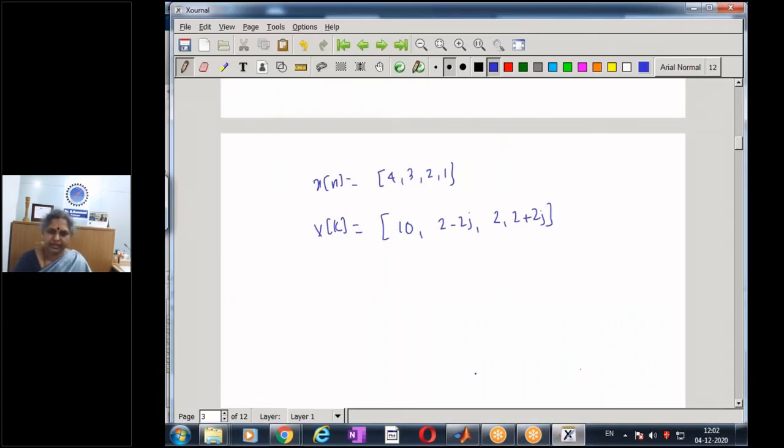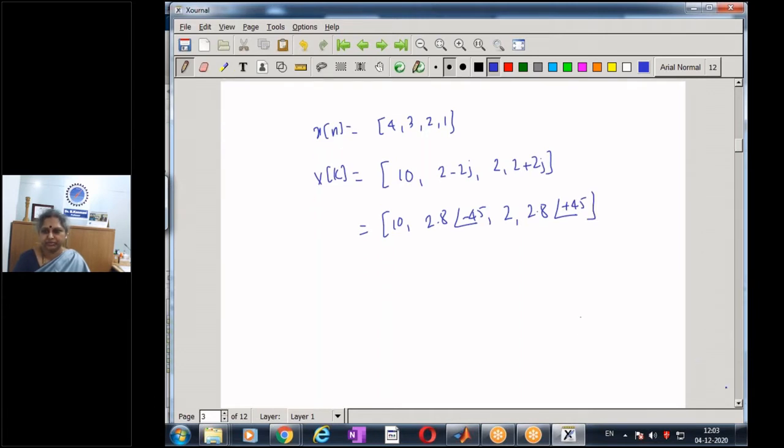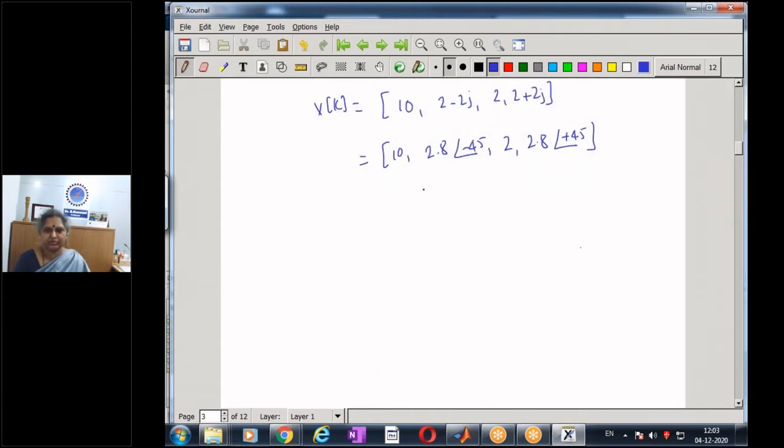So if I can represent the same as 2, this becomes 2.8 angle minus 45 to 2.8 angle plus 45. So now if I try to plot the spectrum, since the result is complex, I have to plot the magnitude and the phase plot. So let's try to plot the magnitude plot of this result.